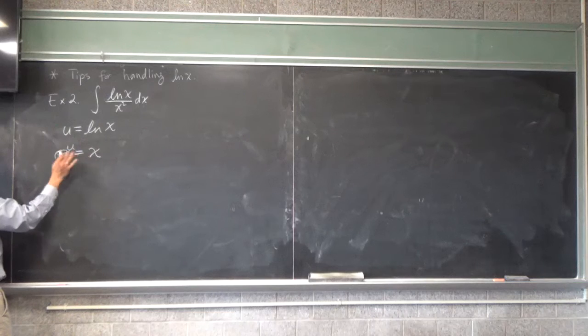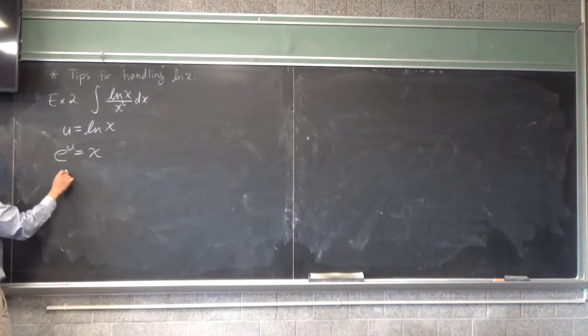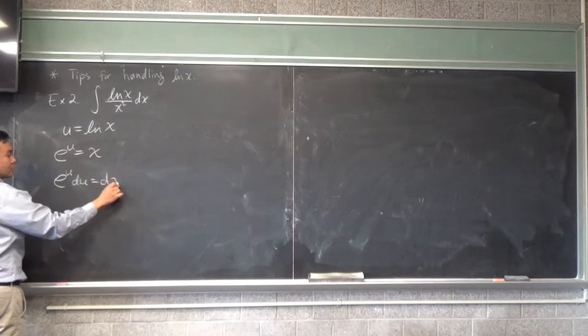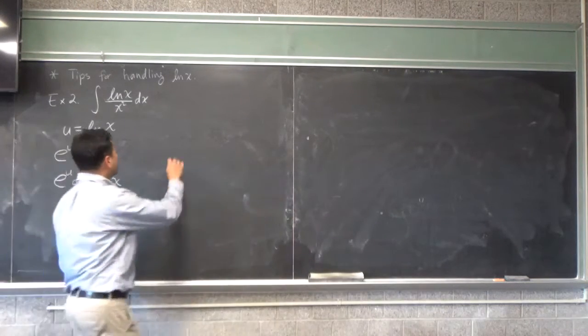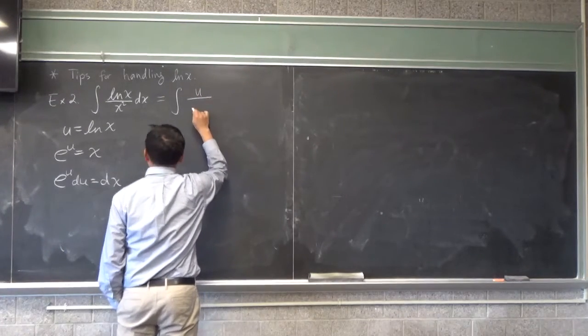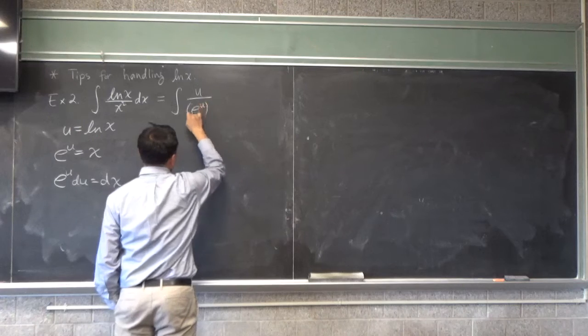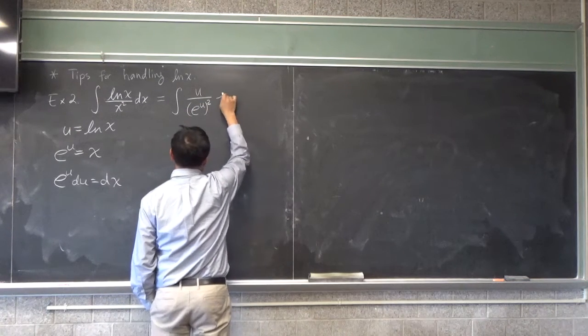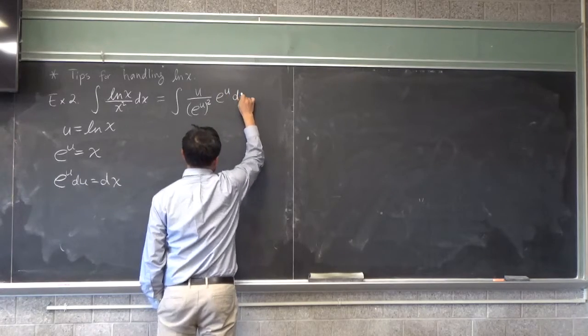Applying d to both sides, d of e to the u is just e to the u, but then you have to attach du, and d of x is dx. So that means this turns into u over e to the u squared, and then dx is equal to e to the u du.